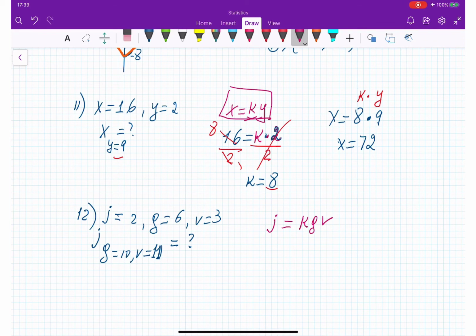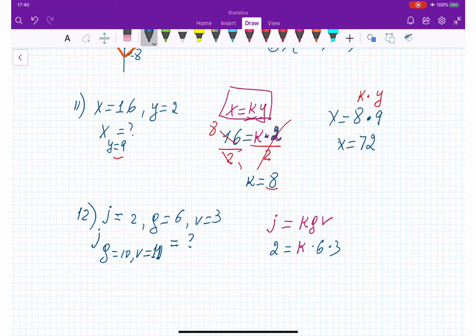Okay, we have J, we have G, we have V. Can we find K? Yes, we can. So let's plug in. J is equal to 2, this is K, G is equal to 6, V is equal to 3.